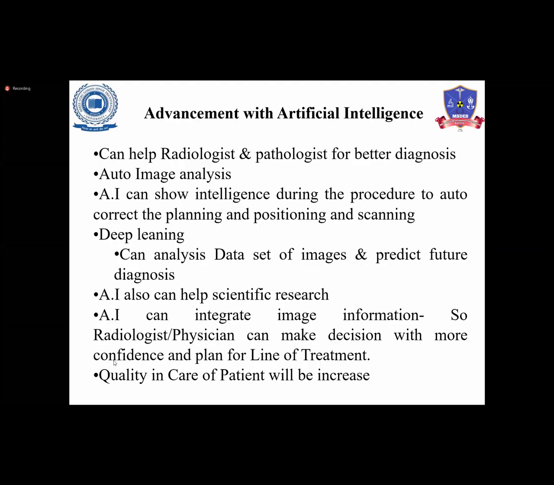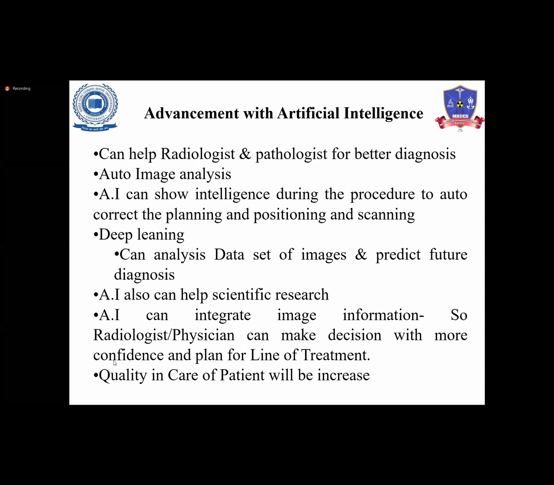So yes, the advancement with AI is that it can help radiologists and pathologists with better diagnosis, and it can give us auto image analysis. AI can also show intelligence during the procedure to auto-correct the planning, position, and scanning. Deep learning can analyze the data set of images, predict the future diagnosis, and also help us in scientific research.